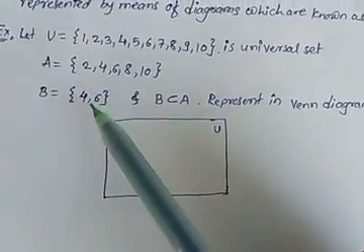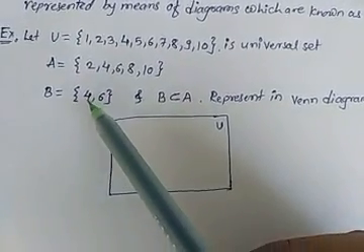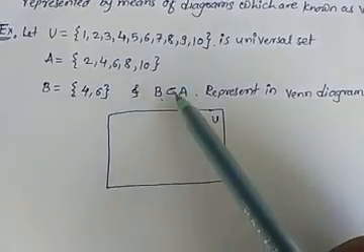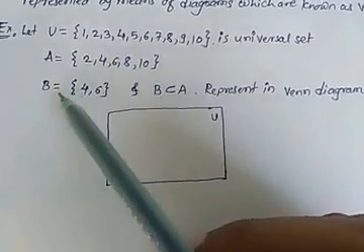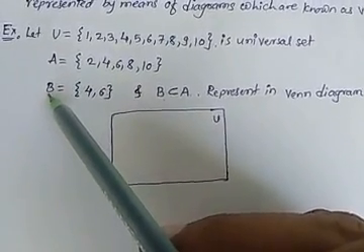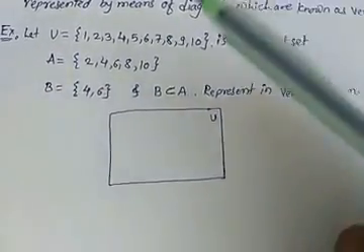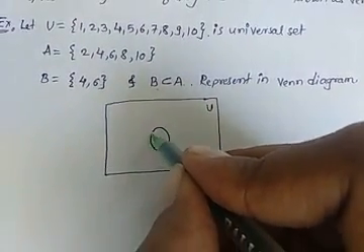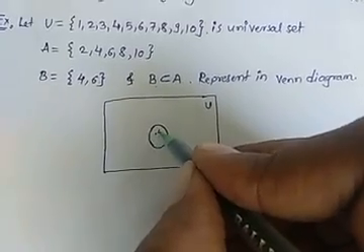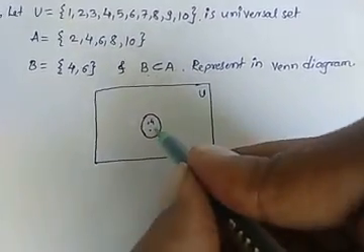Here we start from the smallest set, B, which is 4, 6. B is contained in A, that is 4 and 6 are present in set A. So we start drawing from set B. First we draw set B, which contains the elements 4 and 6.